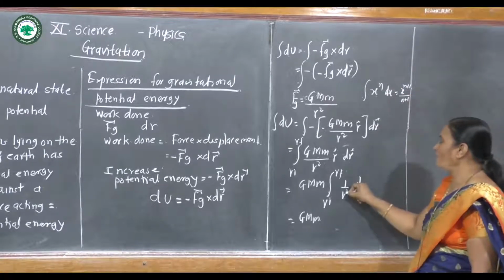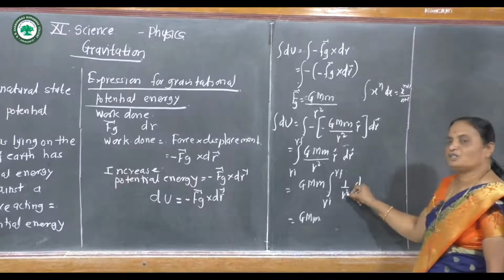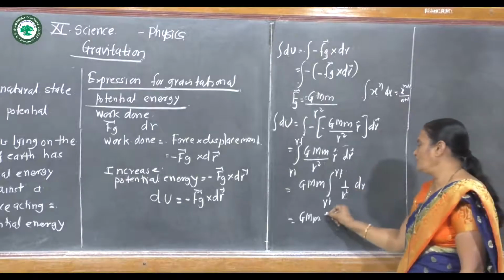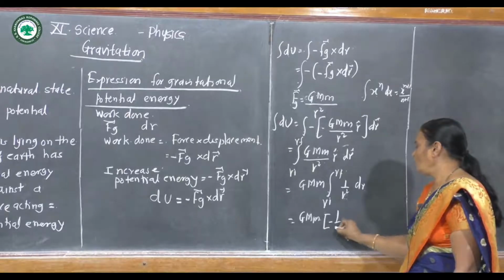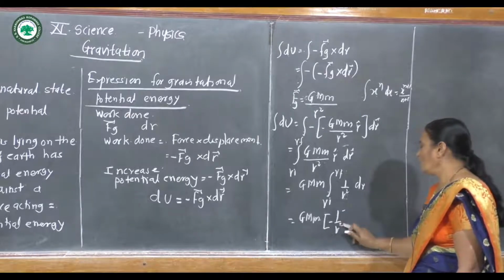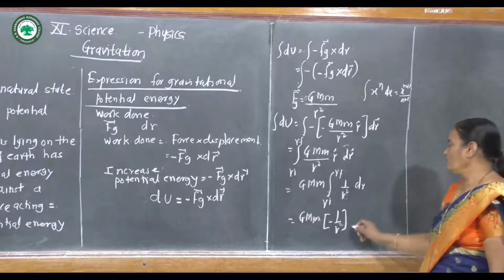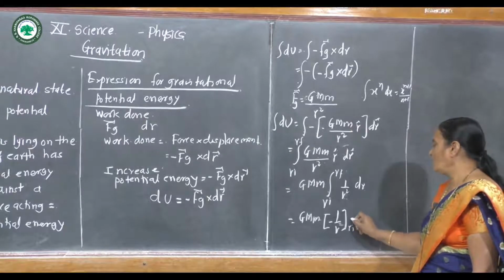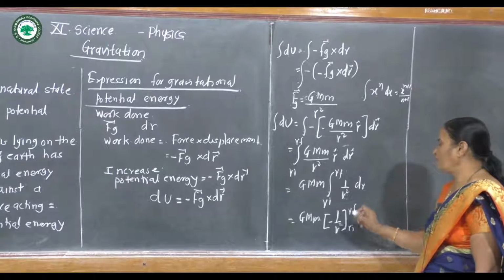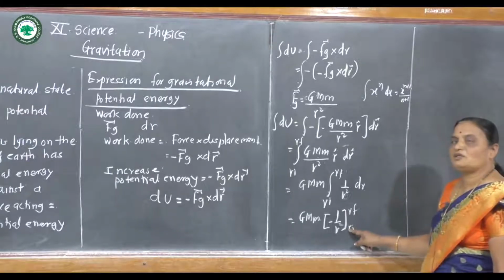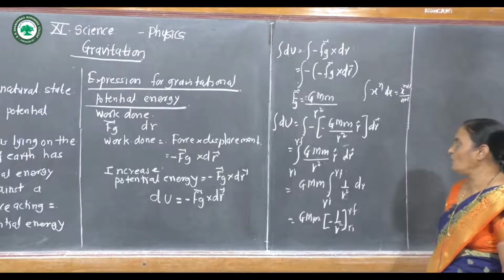From this we obtain the integration of 1 upon r square, which is minus 1 upon r. The limits of integration are ri to rf, that is, the initial value of r to the final value of r.